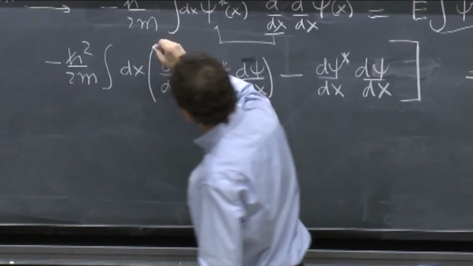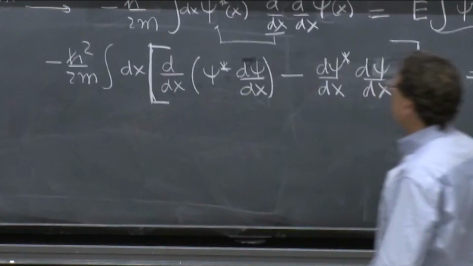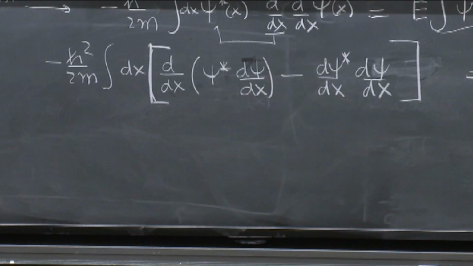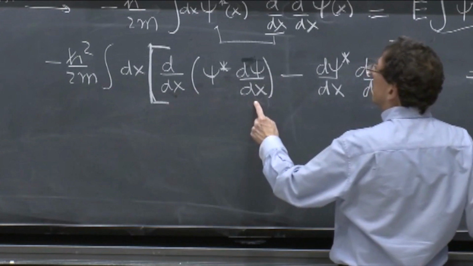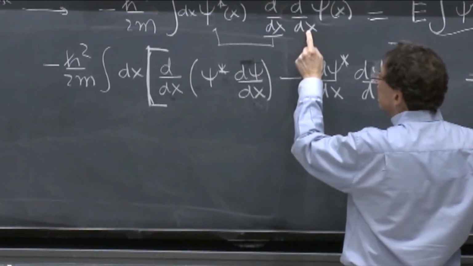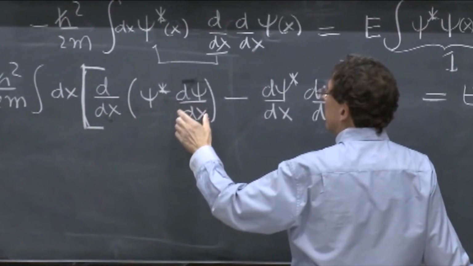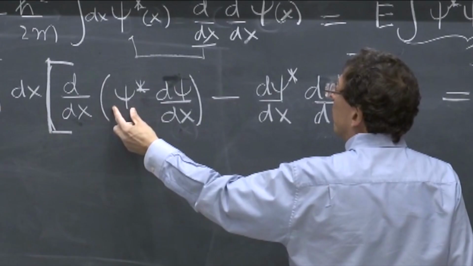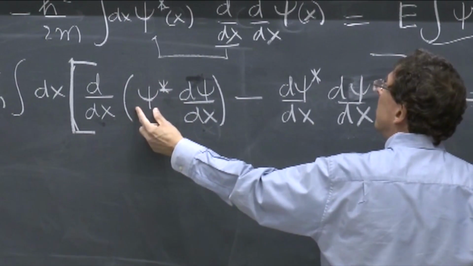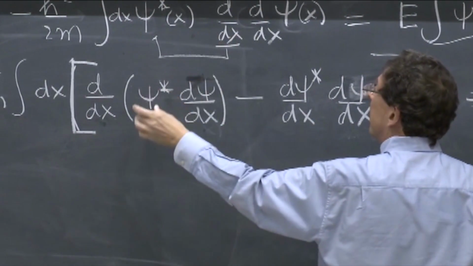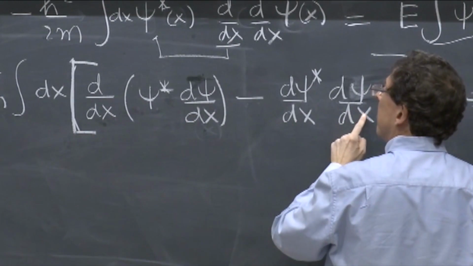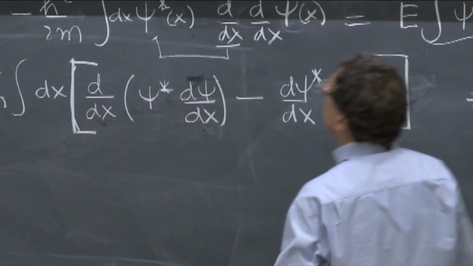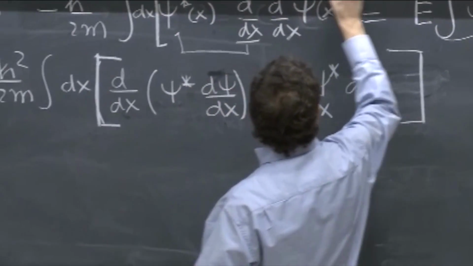I'll do it like this with a nice big bracket. Look what I did. I rewrote the psi star second derivative of psi as d/dx of this quantity, which gives me this term when the derivative acts on the second factor. But then it gives you an extra term when the derivative acts on the first factor that is not present in the above line. Therefore, it must be subtracted out. So this bracket has replaced this thing.